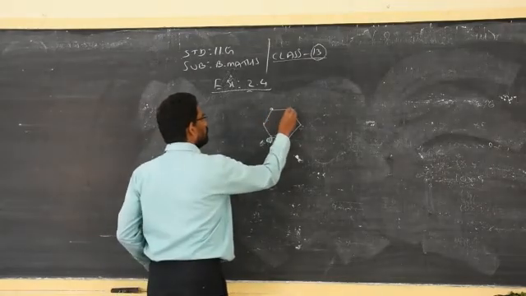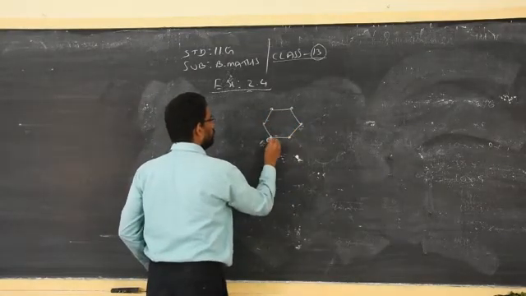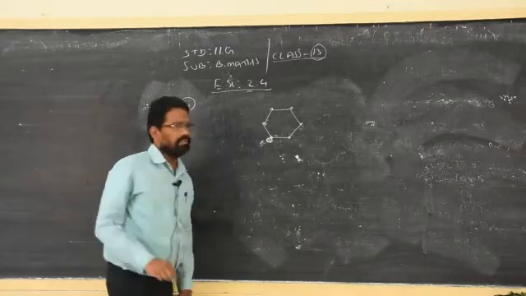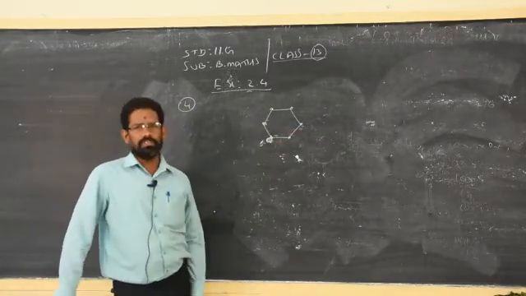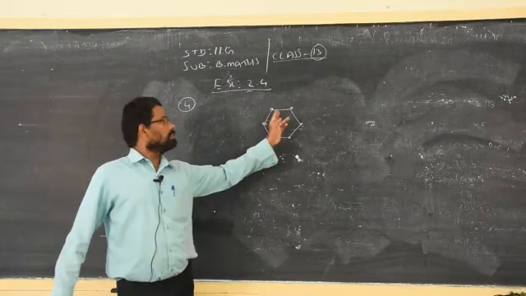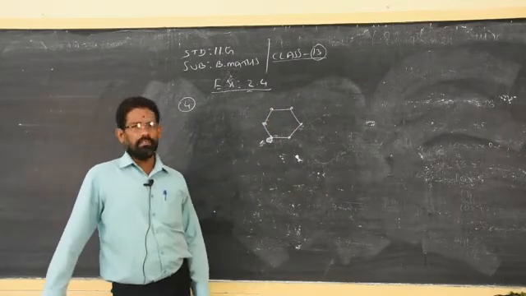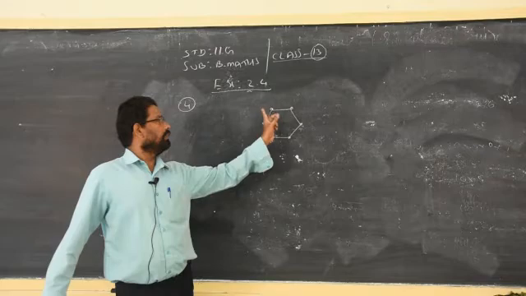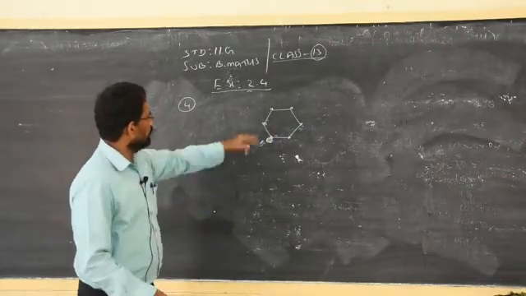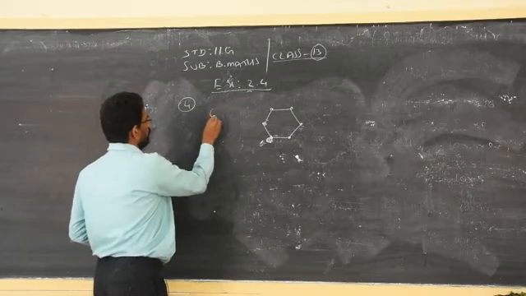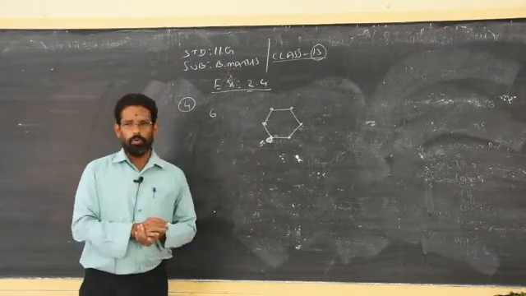How many vertices? 1, 2, 3, 4, 5, 6. Normally in coordinate geometry, we call these vertices. In the lower classes, we call them points, isn't it? So in coordinate geometry, points are named vertices. So, here we have 6 vertices. Total availability is 6.